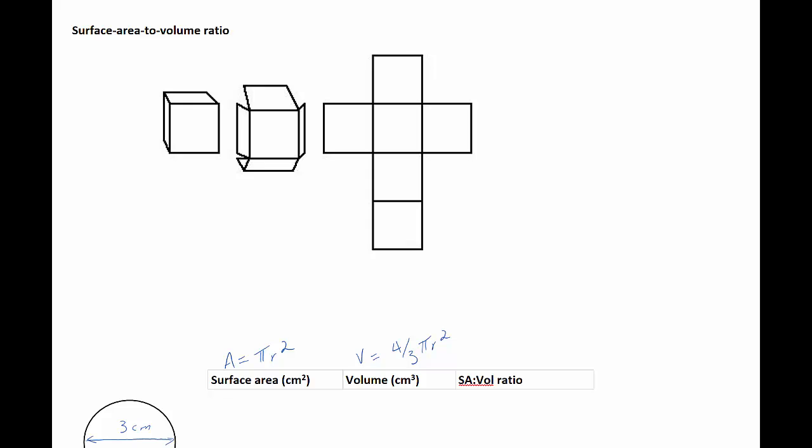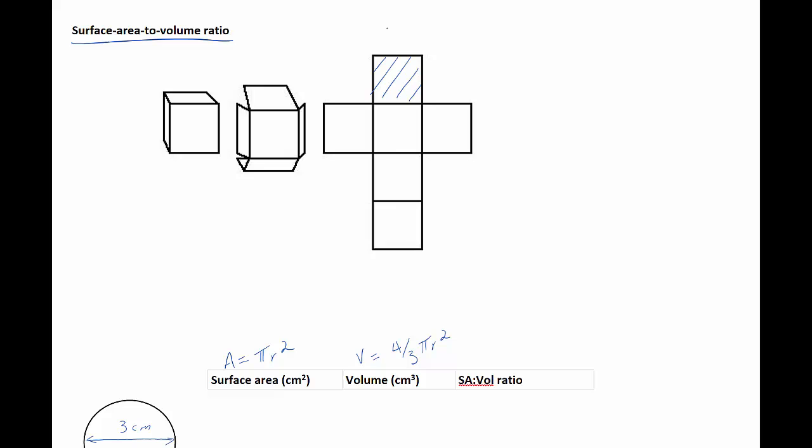Another important concept that affects the rate of exchange of materials across membranes is the surface area to volume ratio. Let's start by taking a look at this concept in a cube rather than a cell. If you unfolded a cube, you would end up seeing the surface area, which would be the entire outside surface of the cube.